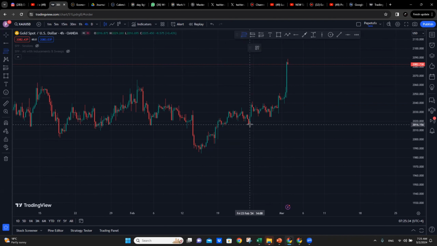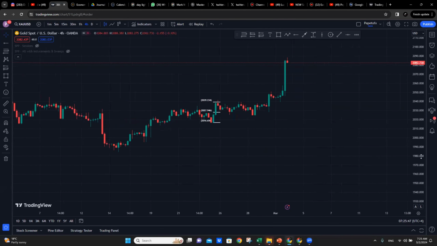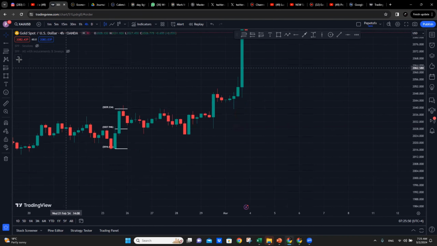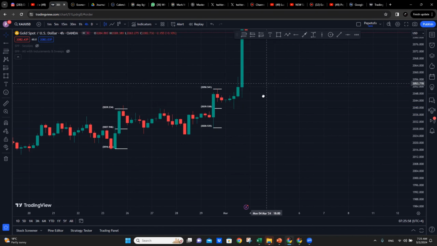So what you do, this is your range, and this is your 0.5. All right. Now half of the range is here, retest, continuation. Next, this is your bullish run. Half of the range, retest, continuation.